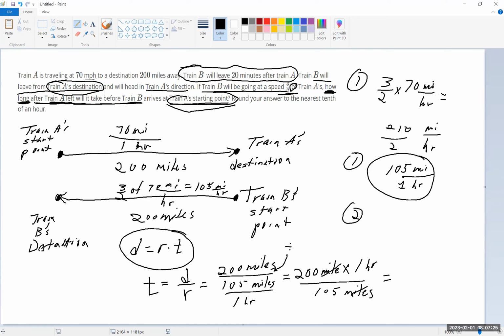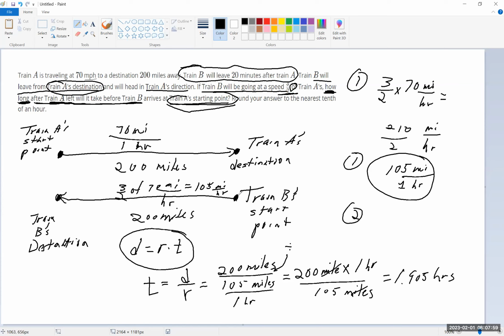You might not see what that is. It is 200 divided by 105. And so it's 1.905 hours.